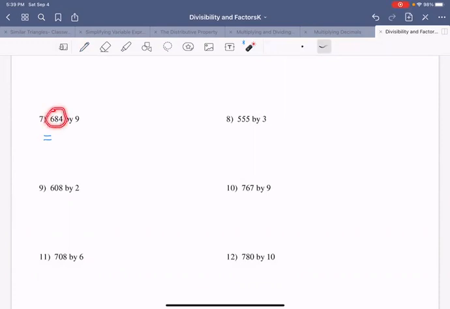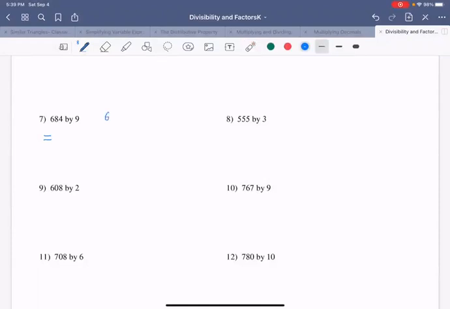When you see a number like this, how do you know if this number is divisible by 9? Divisible means if you do this guy divided by 9, how do you know the remainder is 0? How can you tell? Here is a trick, okay?